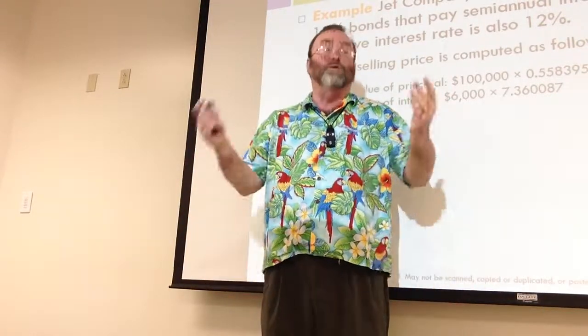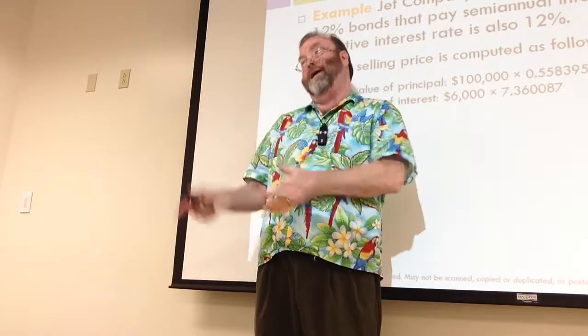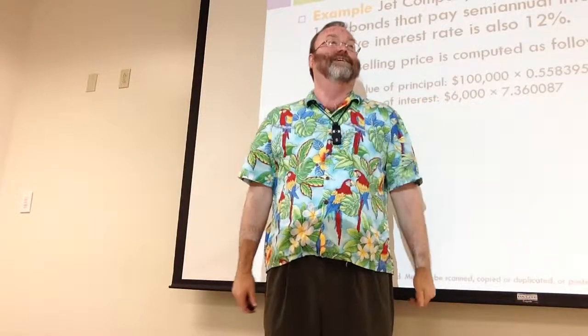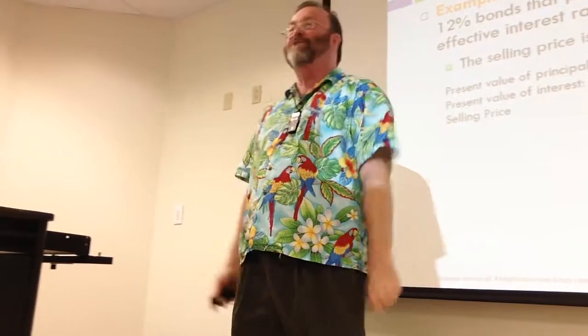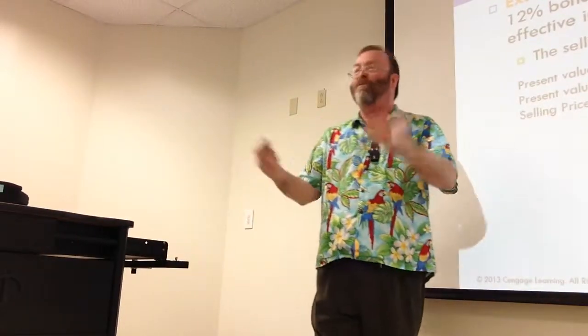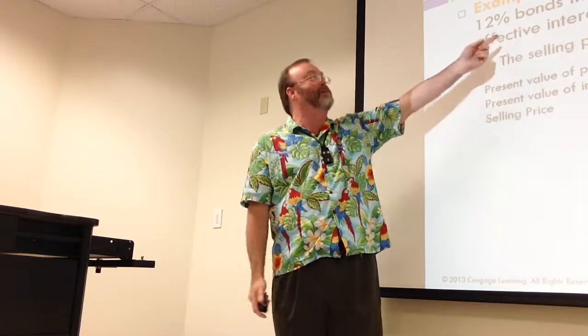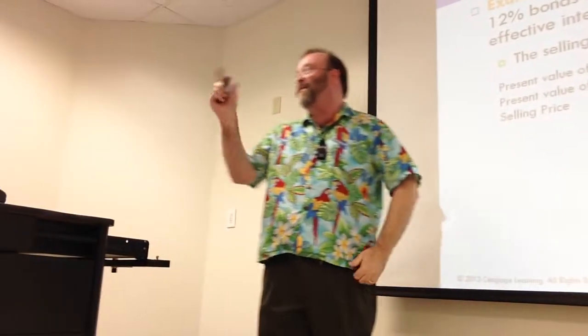So if you get that calculation, you've used the wrong rate. Go use the other rate and redo it. Because I'm going to give you either a premium or a discount. I'm not going to ask you to calculate par, because what would be the fun in that? You would read the problem and go, oh, I can tell you it's 100,000. Done. Easy.